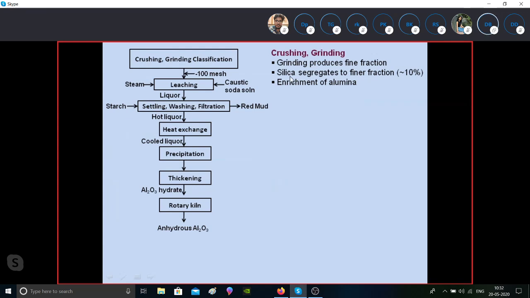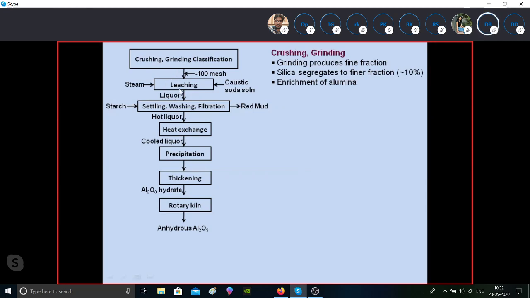If we start with around 1.5% silica, the silica content in the minus 100 mesh goes as high as 10%. So simply by crushing and grinding, we get a certain enrichment of alumina in the ore. Once that is done, we go to the next stage.